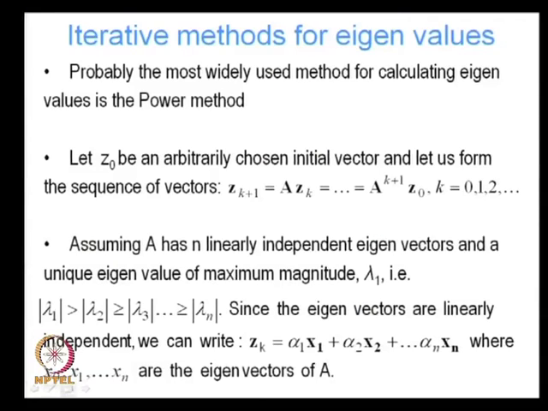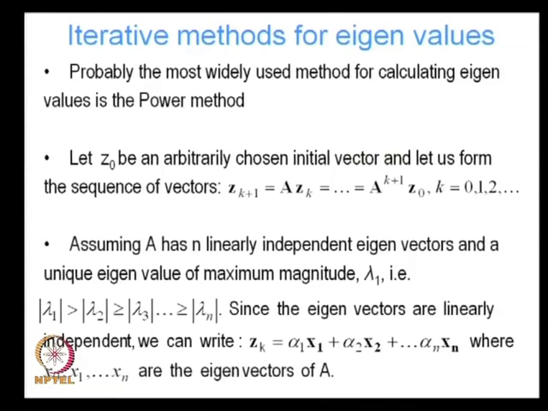So, lambda 1 is strictly greater than lambda 2, but lambda 2 may be greater than or equal to lambda 3 and so on and so forth, but lambda 1, the largest eigenvalue, is unique in the sense that there are no other eigenvalues of the matrix equal to lambda 1.